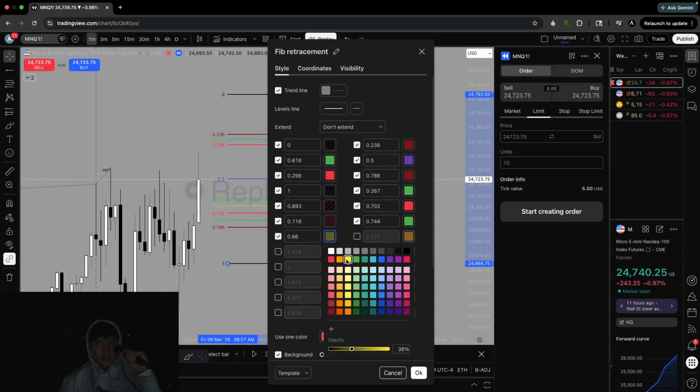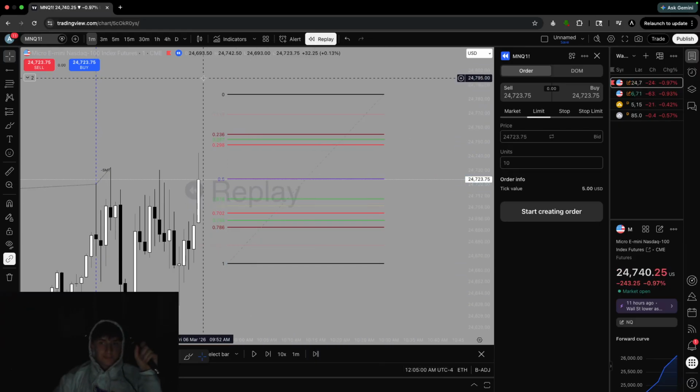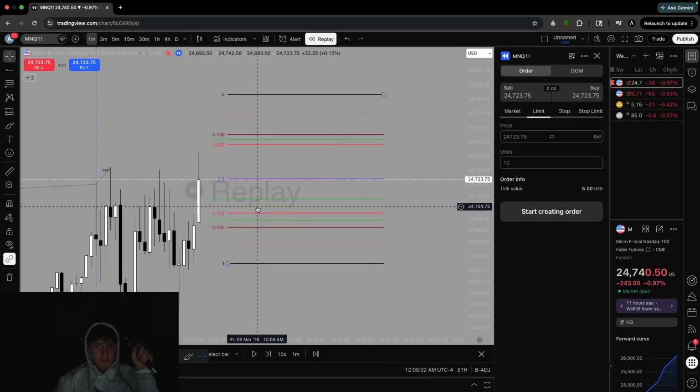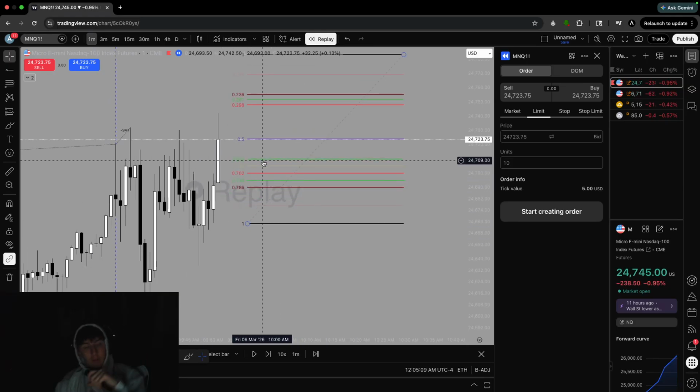What if we go yellow? All right. So we have stop loss, faint entry. We have safe entry, but bad RR.